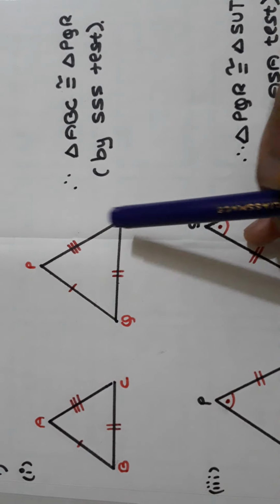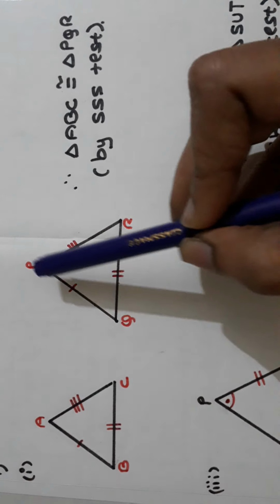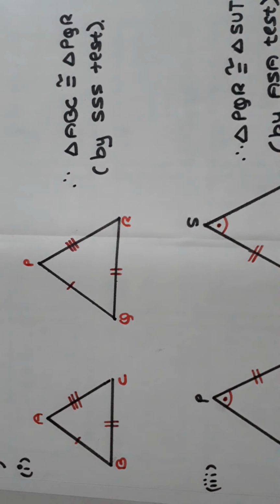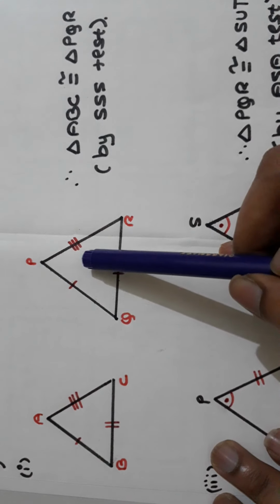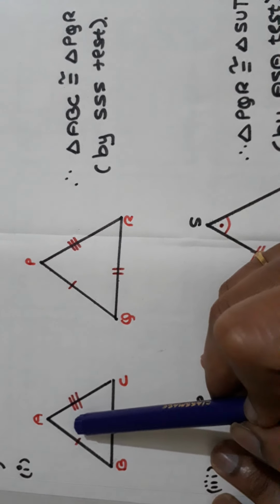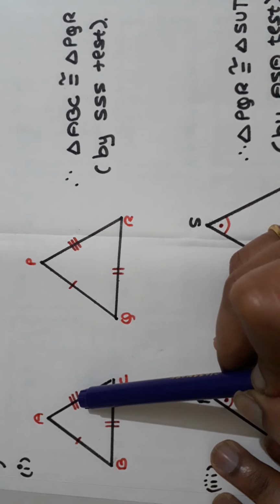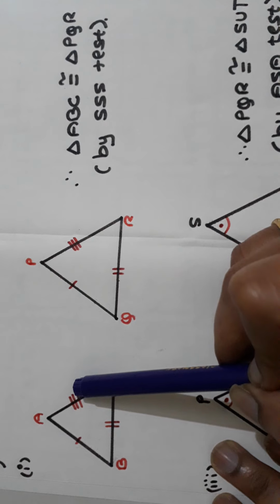So that means we can say that triangle ABC is congruent to triangle PQR by the SSS test. Now when you want to state the test, you look at triangle ABC or triangle PQR separately. So observe triangle ABC, SSS test. So that means the triangles are congruent by SSS test.